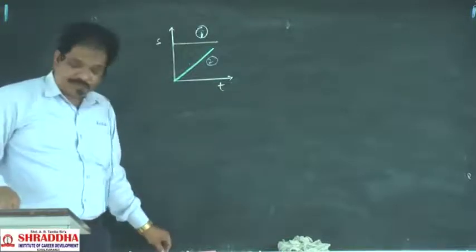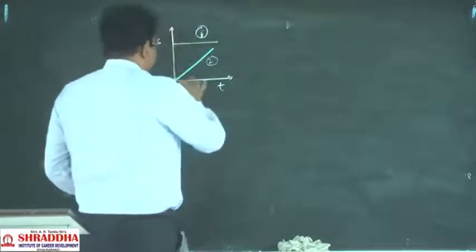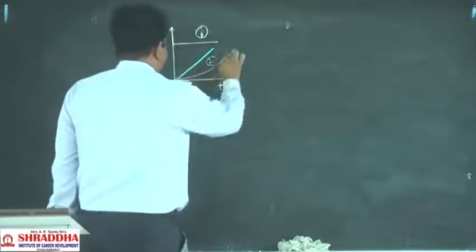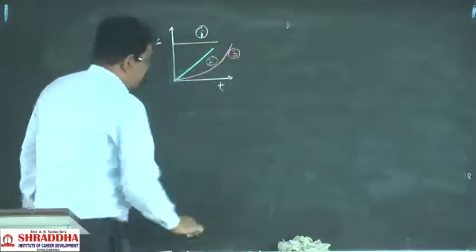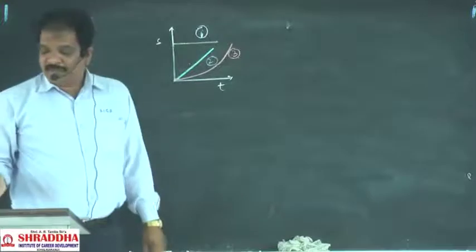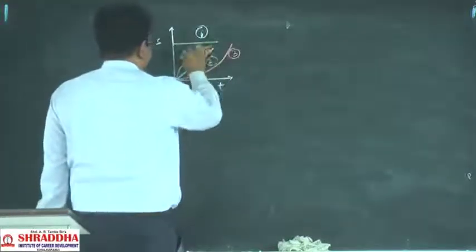If the body is moving with uniform acceleration, the shape of the graph will be like this. If the body is moving with uniform retardation, the shape of the graph will be like this.